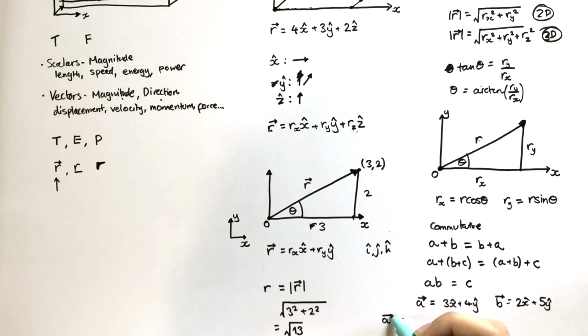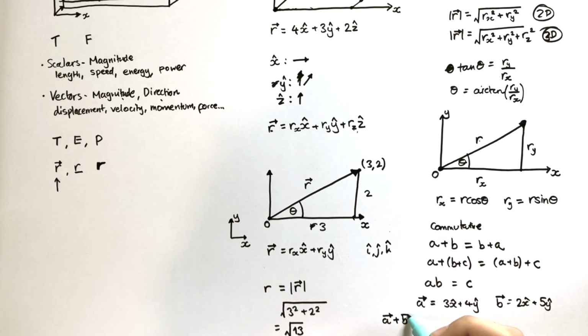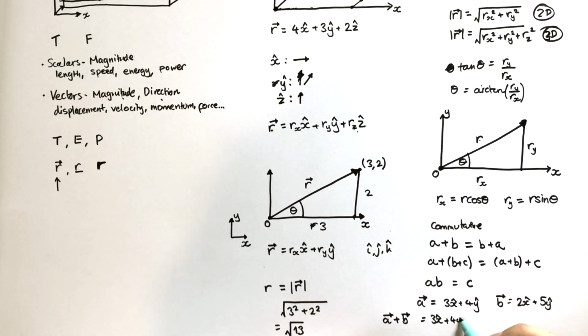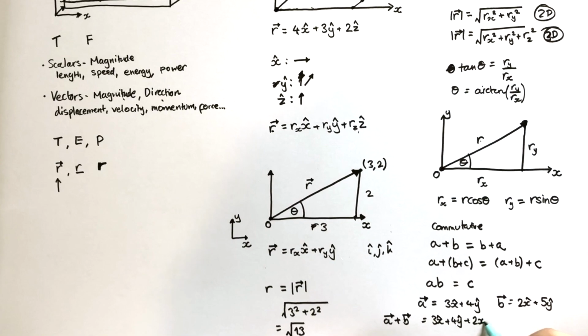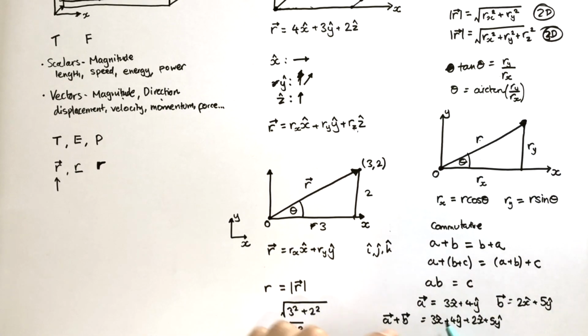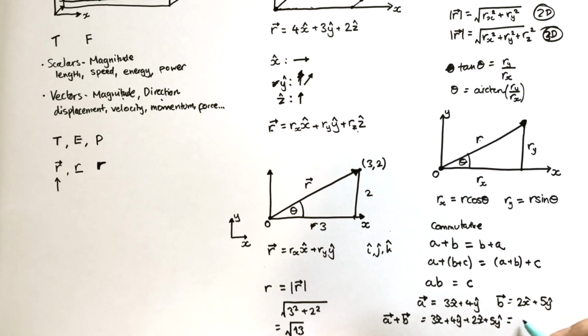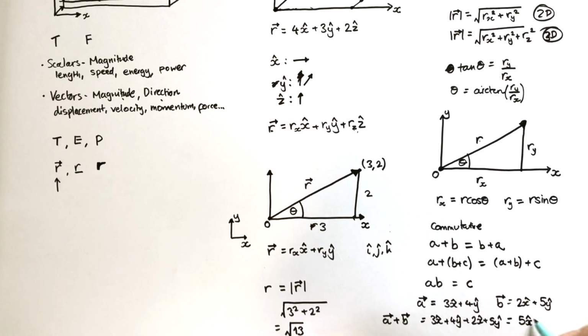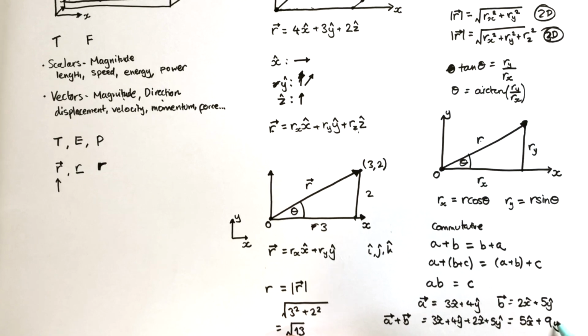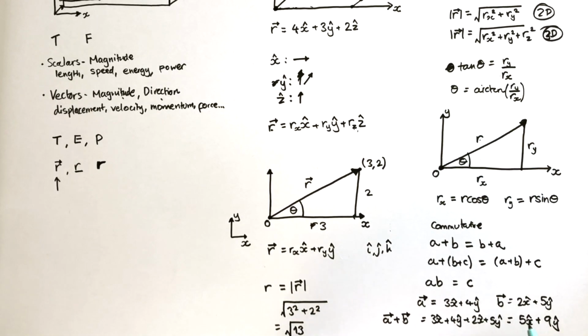So A plus B equals 3x hat plus 4y hat plus 2x hat plus 5y hat. We've substituted A for that and B for that, and so we end up with 5x hat plus 9y hat. You simply add the x hat components and you add the y hat components.